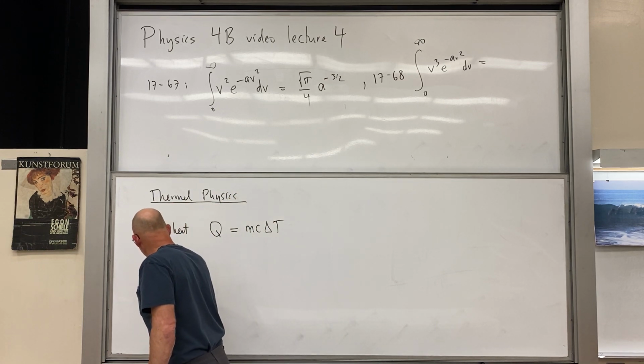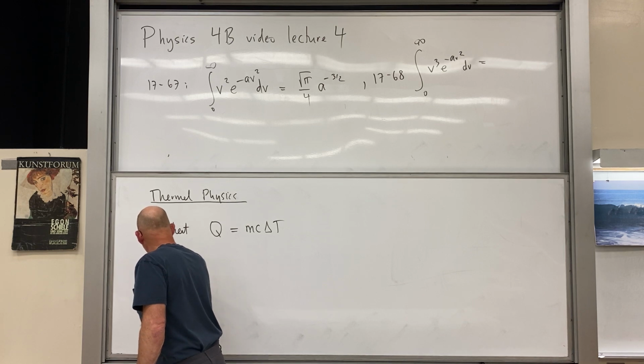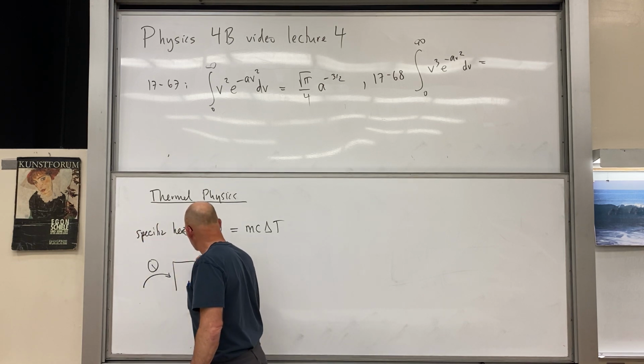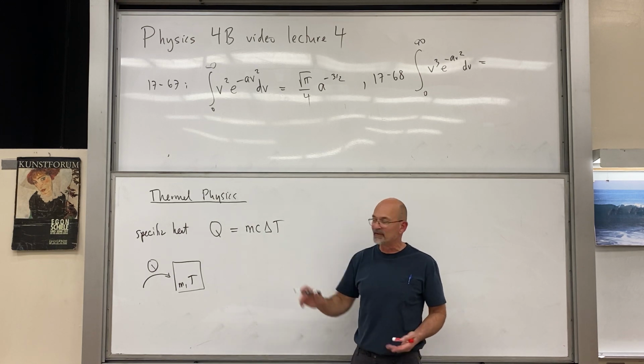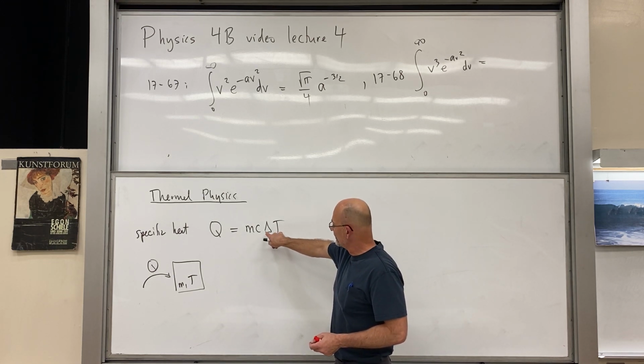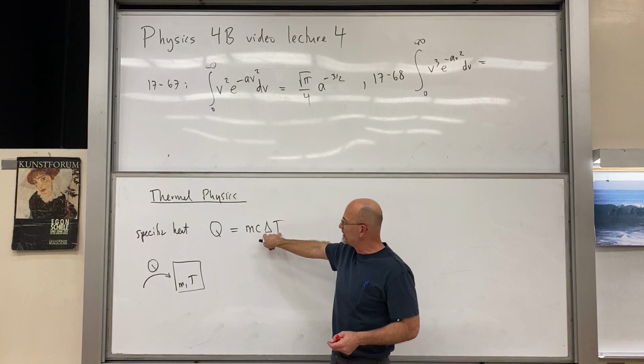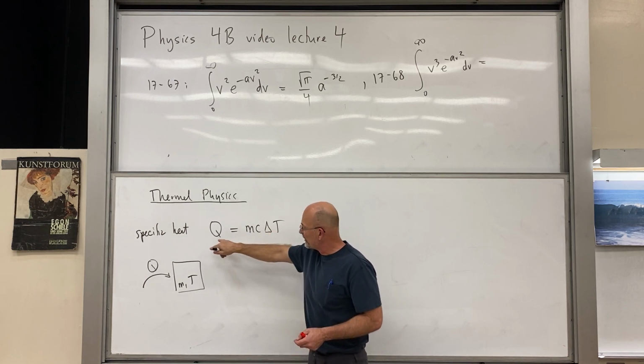And the idea is we introduce heat into some system here, of mass m, temperature T. We introduce heat there and the temperature increases. And so delta T would be positive, T final minus T initial, by introducing that heat.